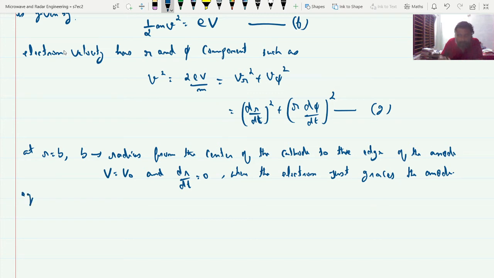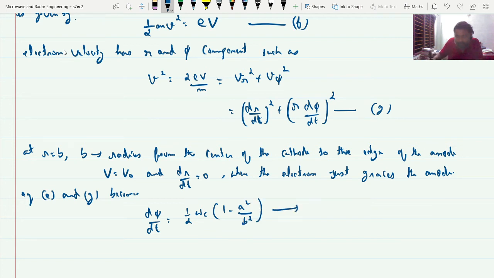Equation E and G becomes what? d phi by dt equals 1 by 2 omega c into 1 minus a square by b square.